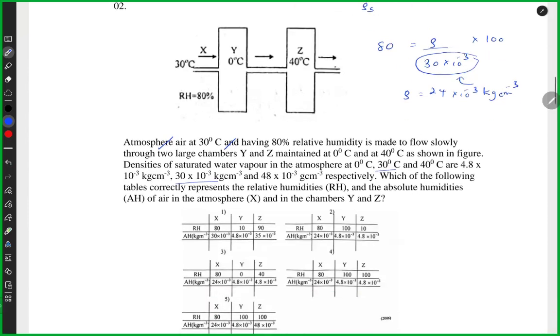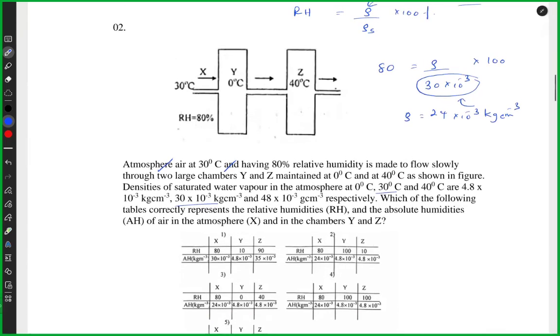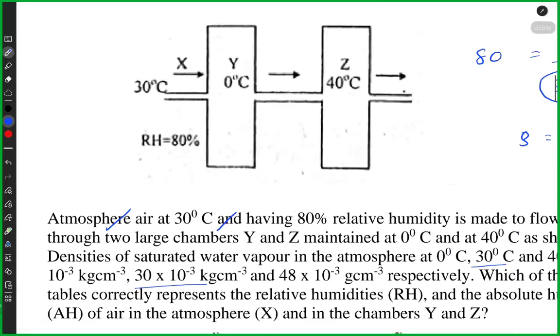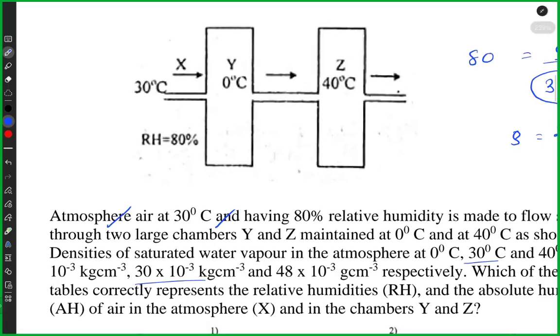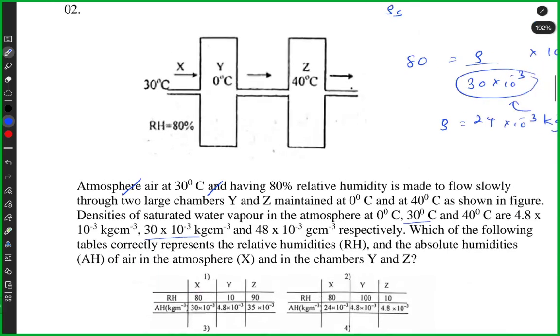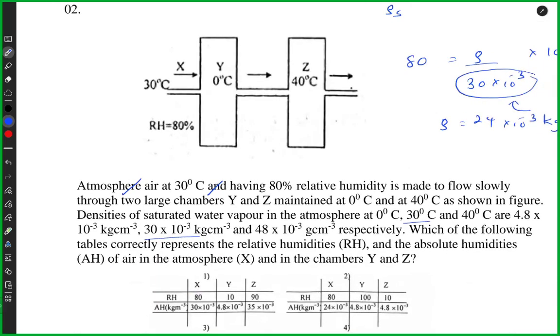Now, if you think about room Y, when the water vapor comes from the atmosphere into room Y, what's going to happen? The absolute humidity at the saturated state, or the saturated vapor density, in room Y is going to be 4.8 times 10 minus 3, right?